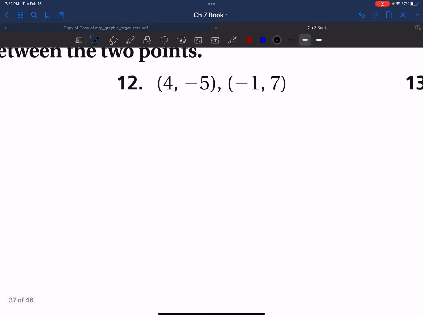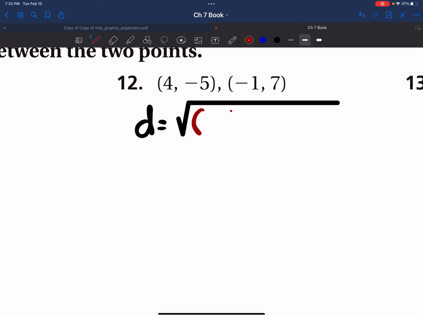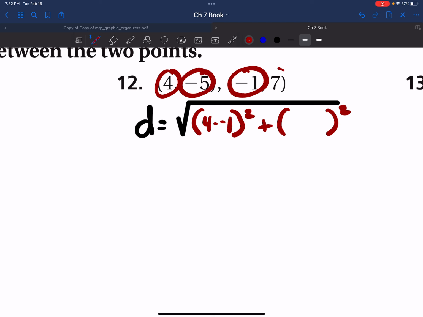Okay, here we go. Distance equals the square root of the change in x's squared plus the change in y's squared. X's, let's subtract them. 4 minus negative 1. And then here's my y's. Let's subtract them. Negative 5 minus 7. 4 minus negative 1 is like a plus, so this would just be 5 squared. Negative 5 minus 7. Signs are the same, so we just add.